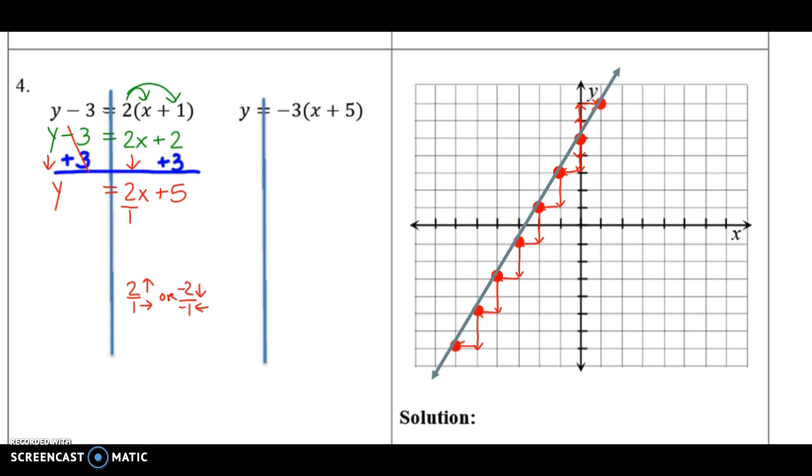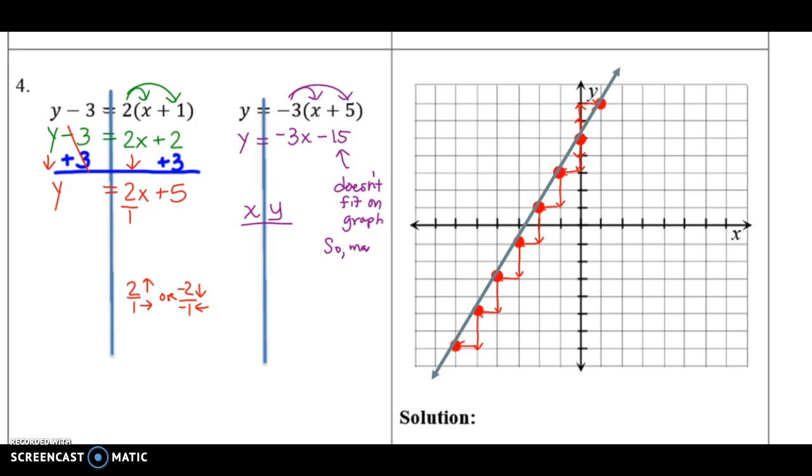The next equation says y equals negative 3x plus 5. Distribute the negative 3, so it becomes negative 3x minus 15. But negative 15 does not fit on my graph as a y-intercept since the graph only goes to negative 8. So I'm going to use the strategy of making a table and trying to find the pattern.